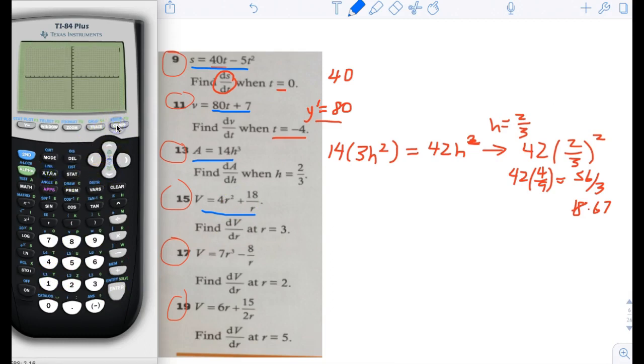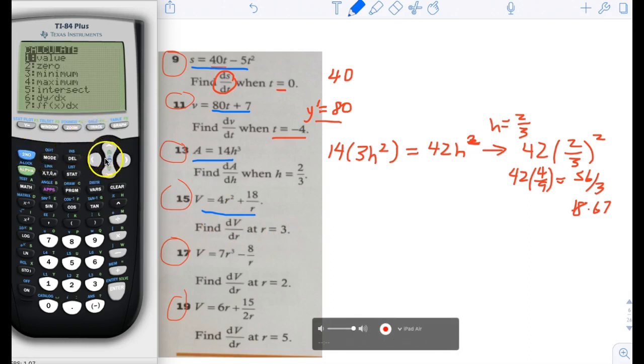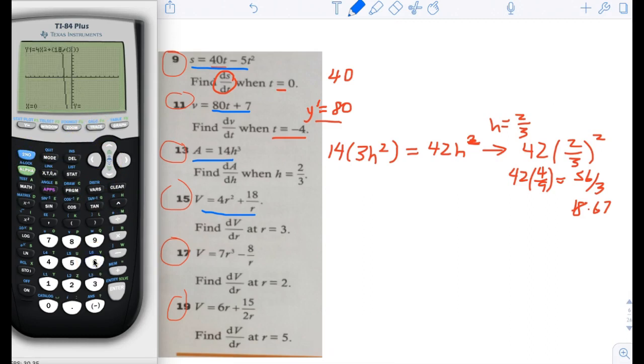Then we graph it. And now we're going to do second calc derivative and put in x equals 3. So second calc derivative, which is number 6, and then we type in x equals 3. And it gives us an answer of 22.